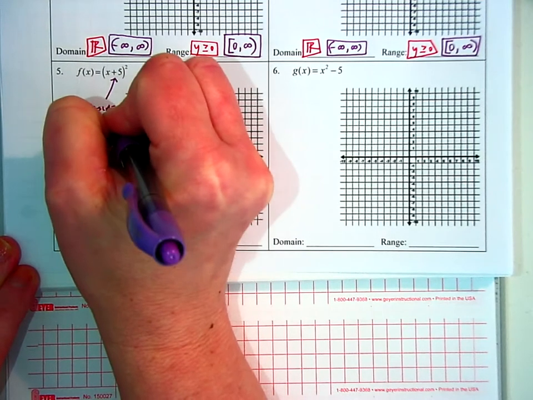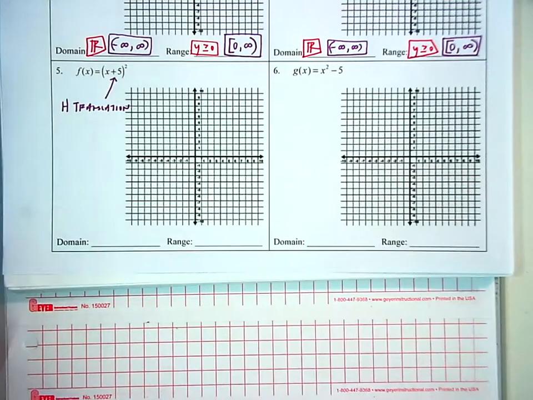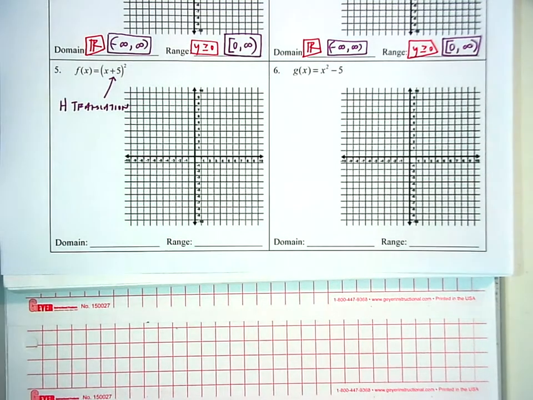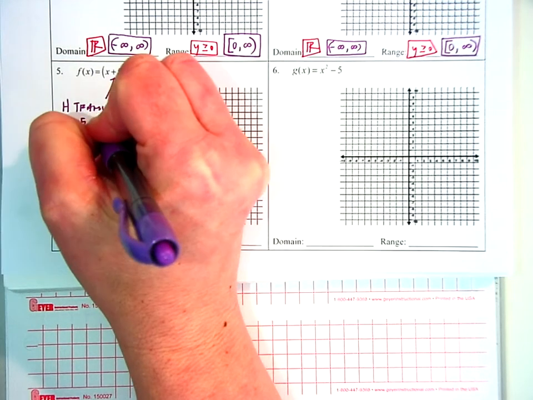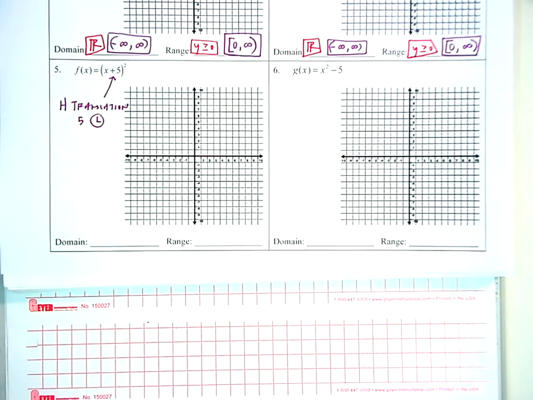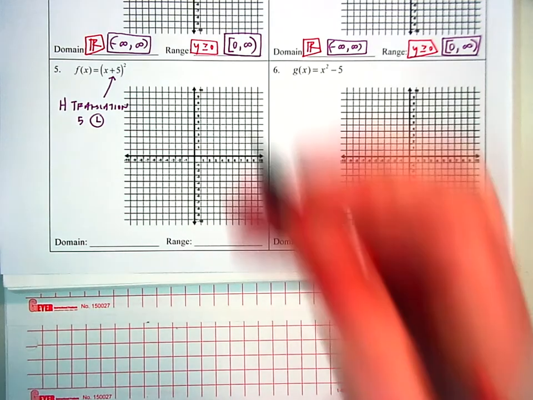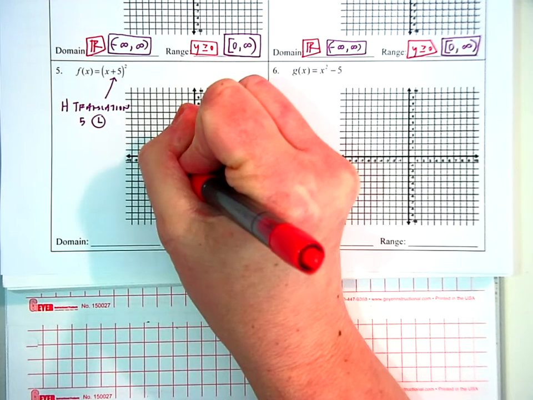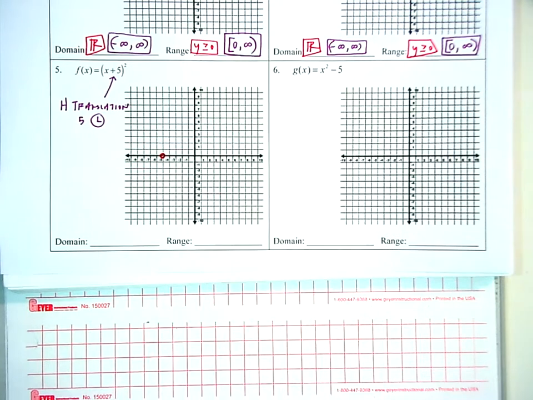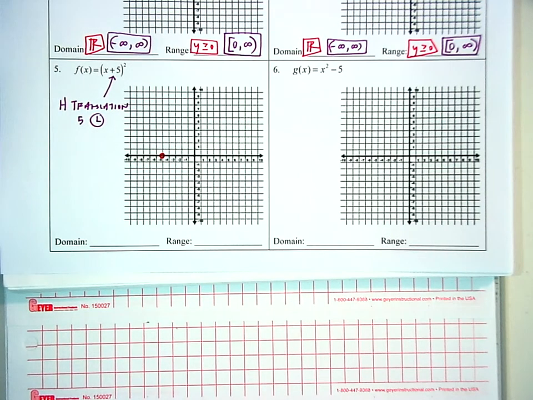Sometimes we call it a shift, which is fine. So horizontal translation or shift, and we are 5 units to the left. So we're taking our parent function and sliding every point 5 units to the left. So instead of being at the origin, we're sliding 5 units to the left. Puts us right here. So there is my vertex, and I'm building from that location.